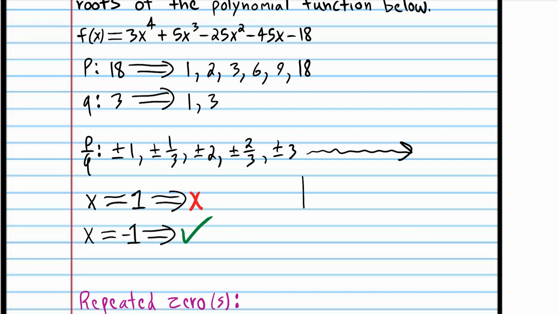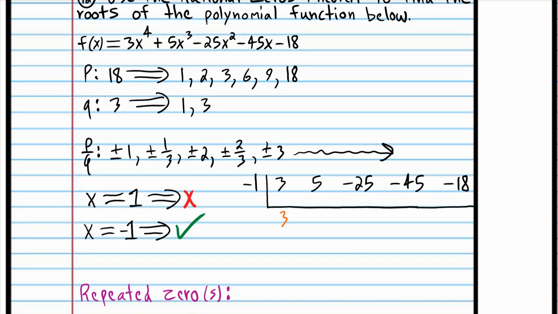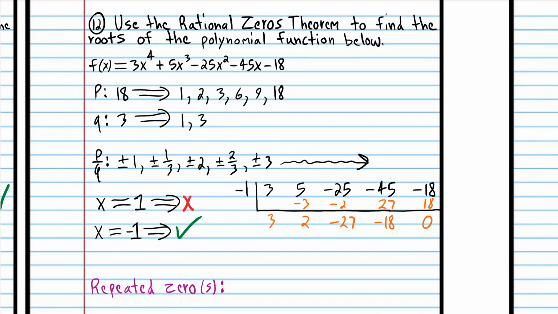Okay, we're back. So I'm going to divide by x plus 1 using synthetic division. And I'm going to move this over a little bit. Let's do our synthetic division algorithm. And our remainder is 0. So that's a good sign.